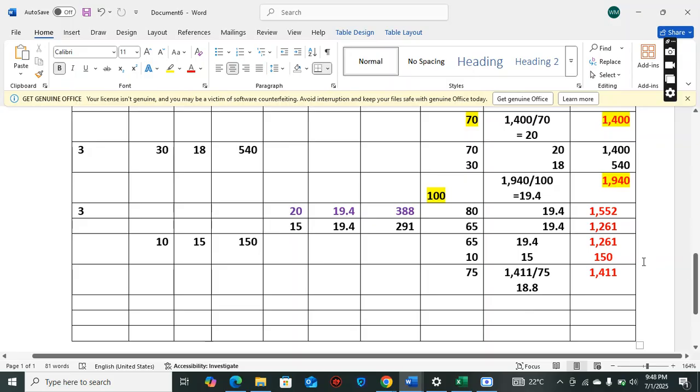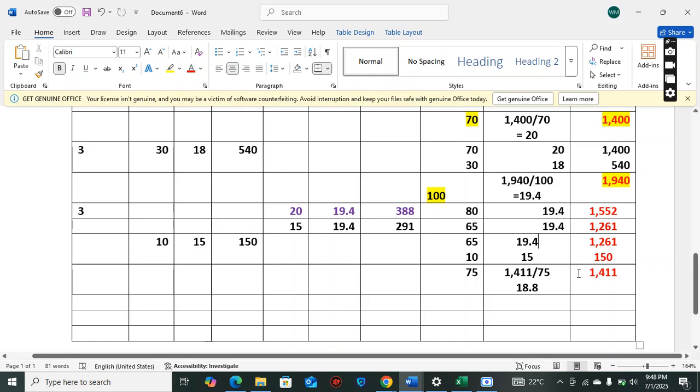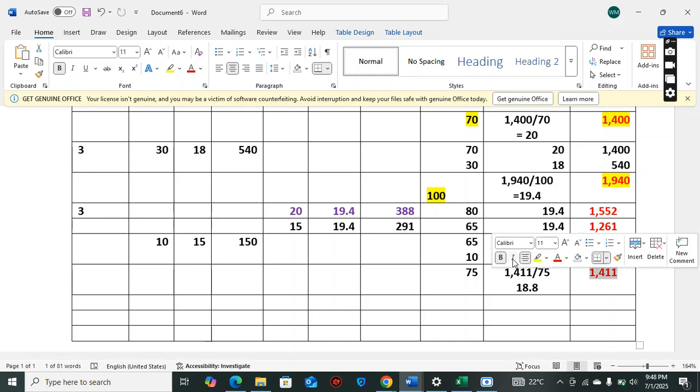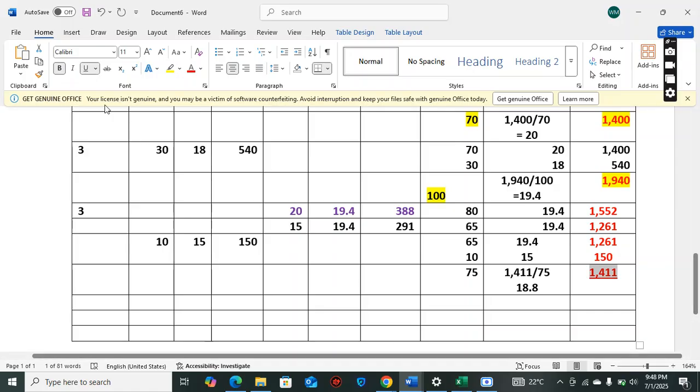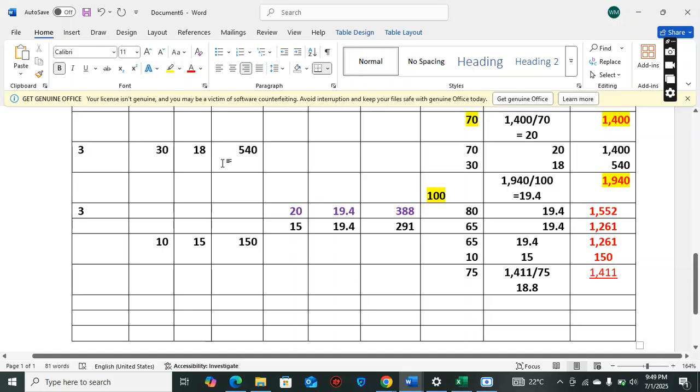Yes, madam. This one you use this format. For the closing inventory, it's this number here, sir. The value of closing inventory.